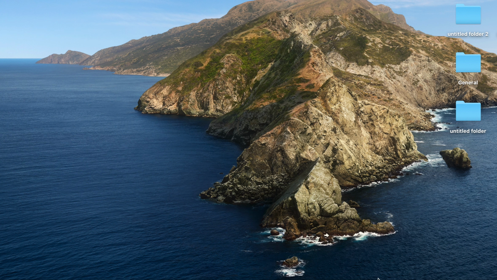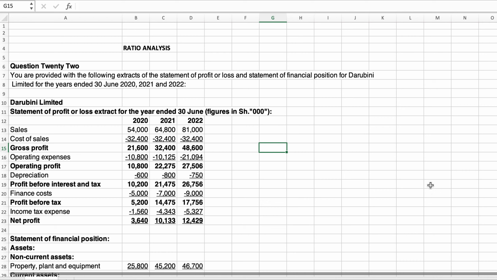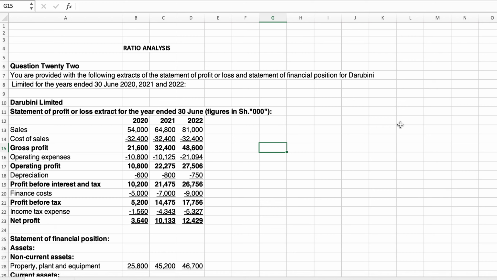Friends, in our previous lesson, we talked about one of the categories of ratios, which is profitability ratios, such as net profit margin, gross profit margin, return on equity, return on capital employed, and return on total assets.